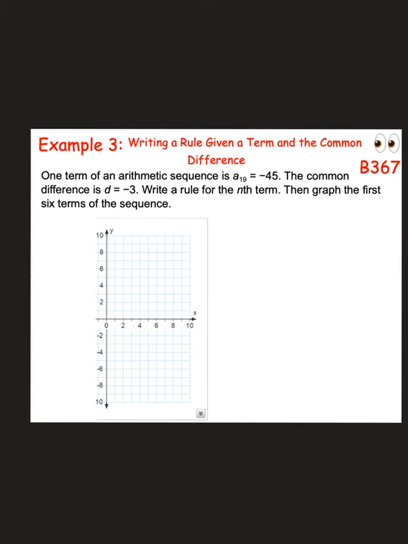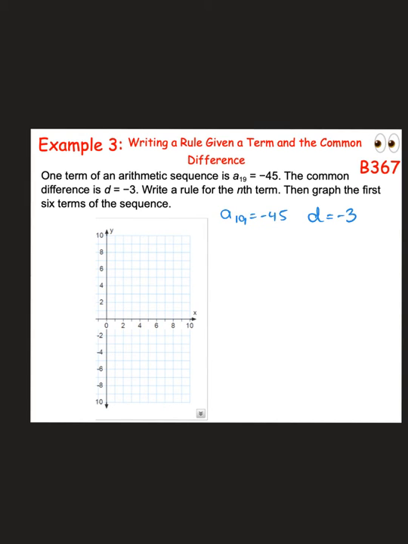So in this case, we are given one term of an arithmetic sequence, and that term is the 19th term. So a sub 19 is equal to negative 45. We are also given the common difference of negative 3.